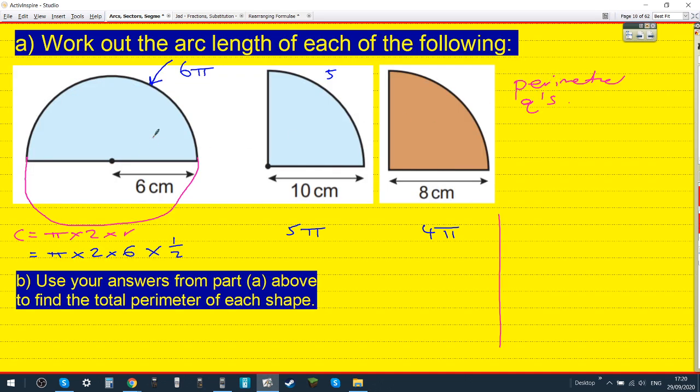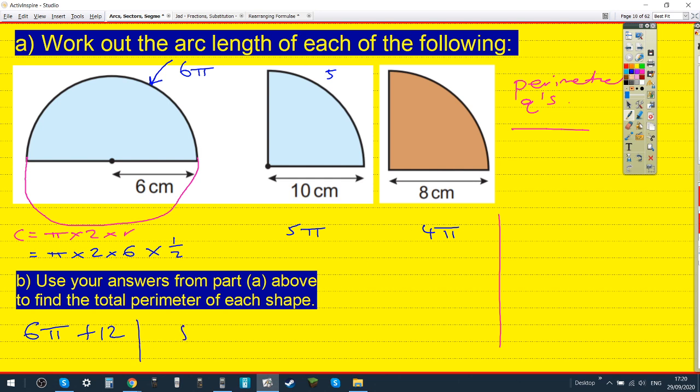So let's try top left one. So that would be 6 pi plus 12. Well done. Next one. 5 pi plus 5, plus 5. Total length of all the sides.